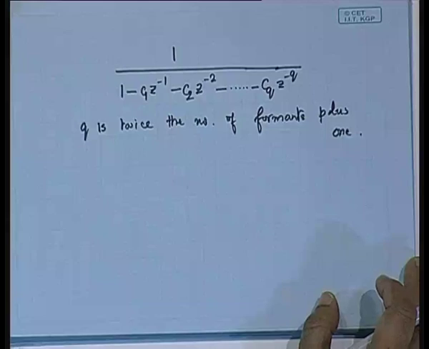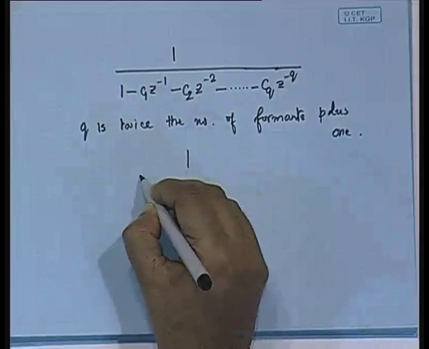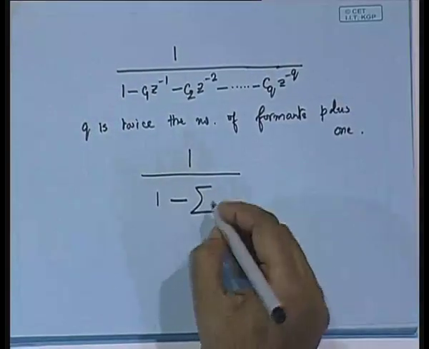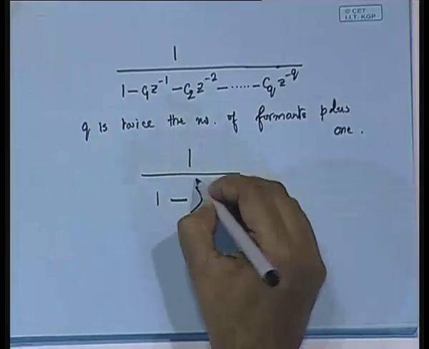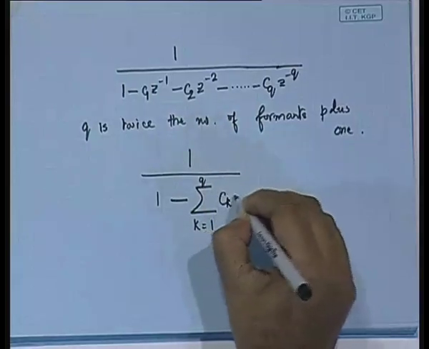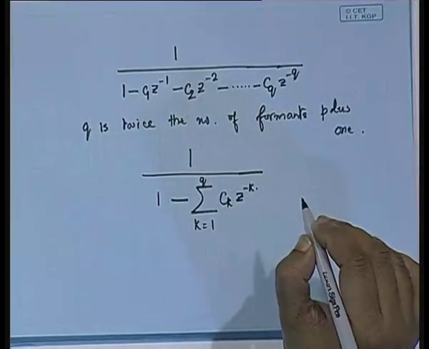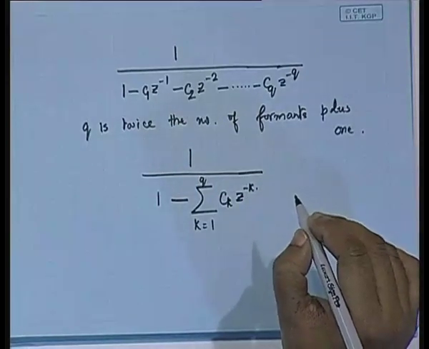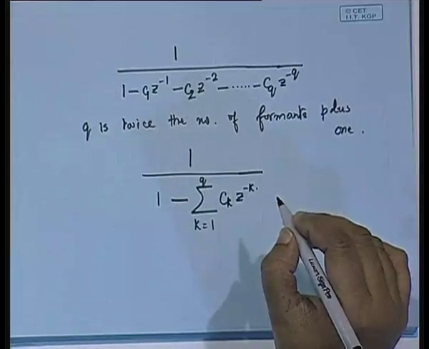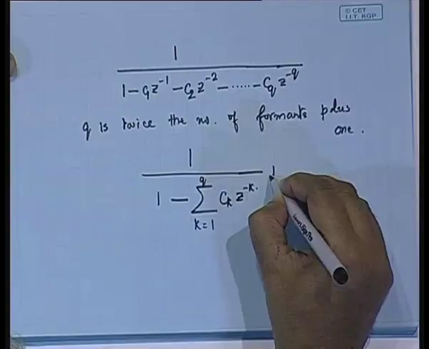Now in general, instead of writing like this, we can write it in a series form. What is that? We can write it as summation k equal to 1 to q of Ck z to the power minus k. And then what is the input to the system? The input to the system is the excitation, the impulses that we are producing.